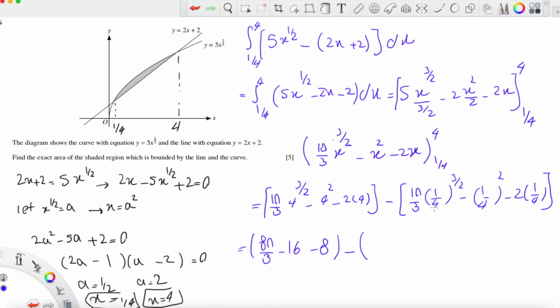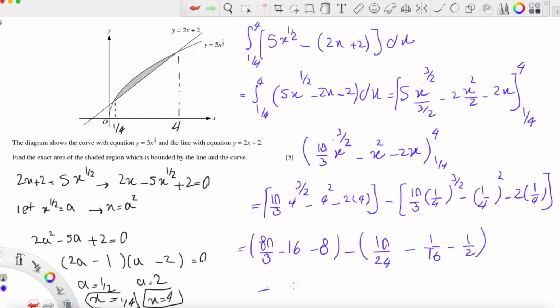For the lower bound, 4 is 2 squared, and again the same logic is implemented here. It will be 1 over 2, so it will be 10 over 24 minus 1 over 16 minus 2 over 4, which is 1 over 2.